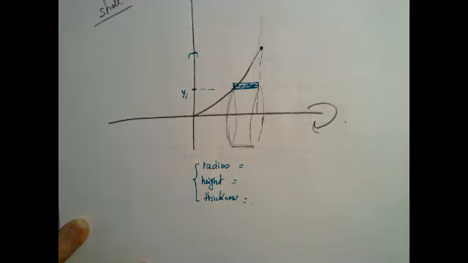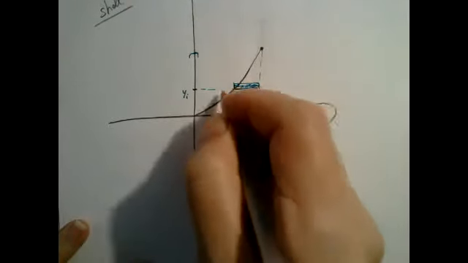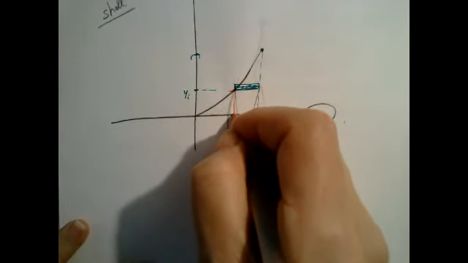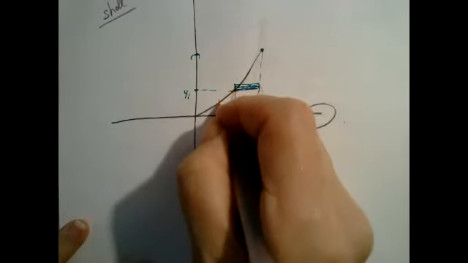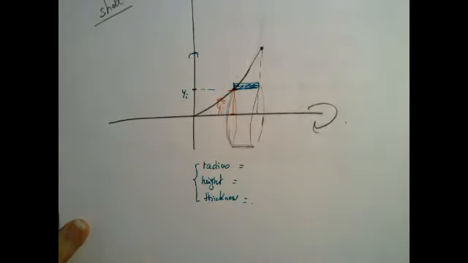Very quickly put it. Please, I want all of you to put it, not only the same student all the time. What is the radius of the shell? Isn't it just y? It's y, exactly, because it is from the rectangle to the axis of rotation. This is the radius. So the radius is y.